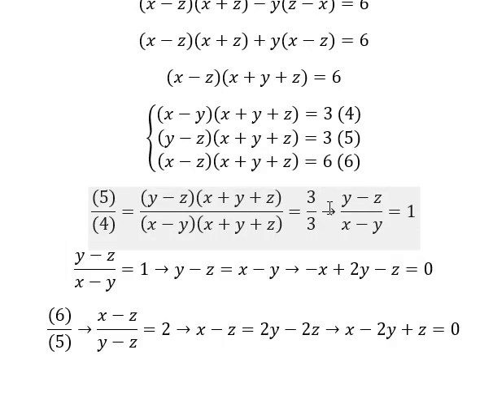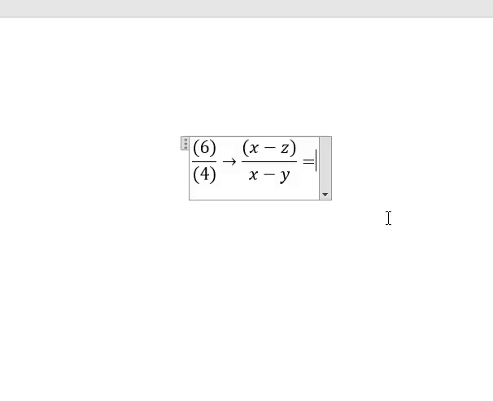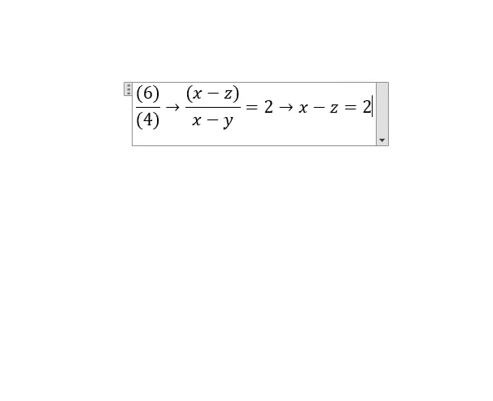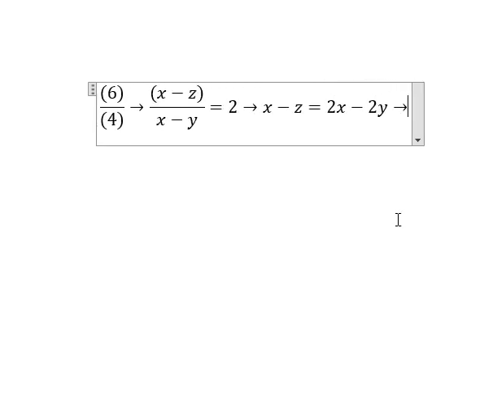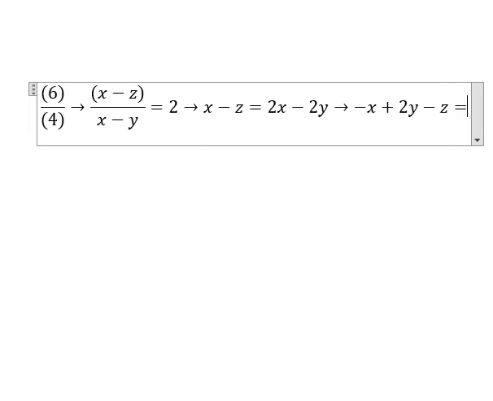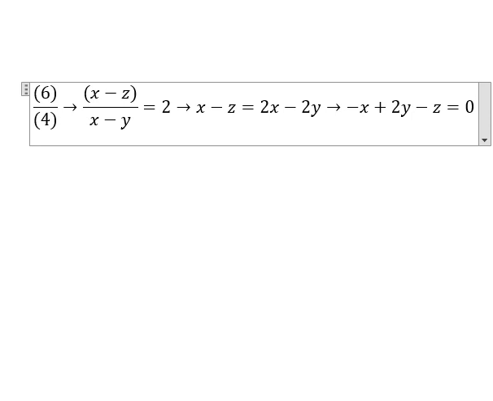And that is number 6 divided by number 3. So we have 2s minus 2y. So this one I will put on the left. We have negative s plus 2y minus z equals number 0.